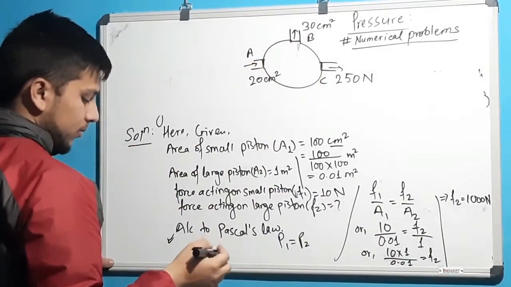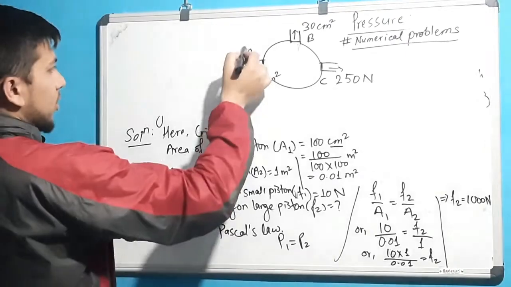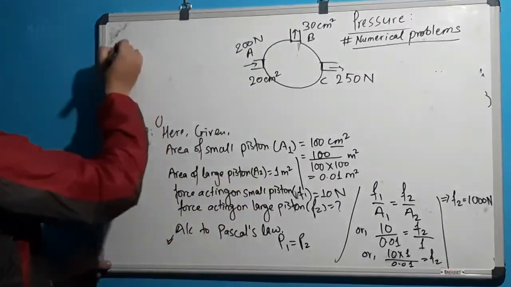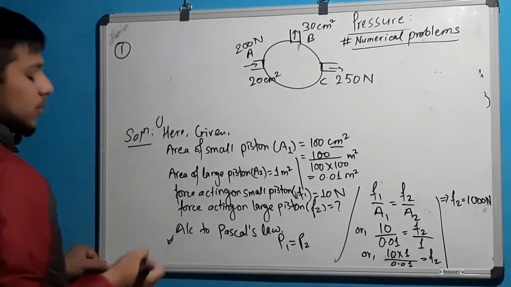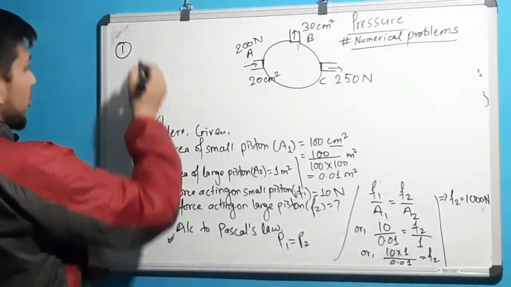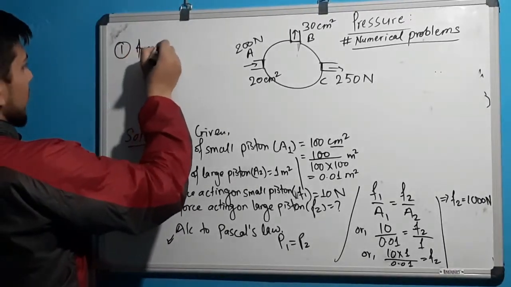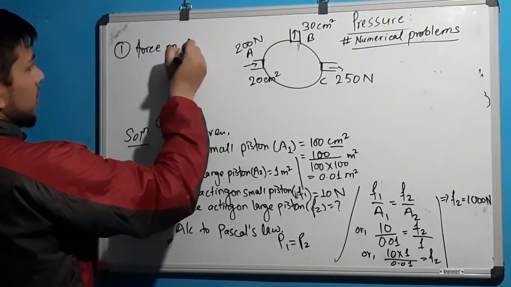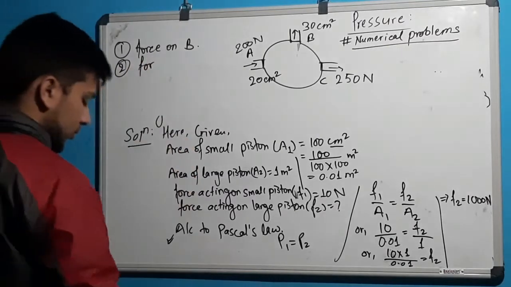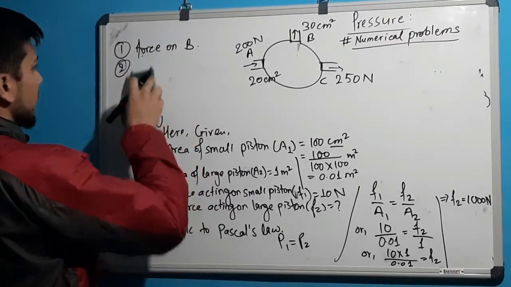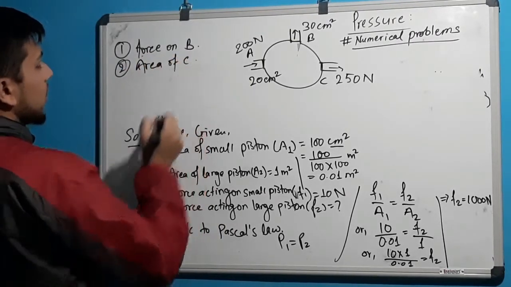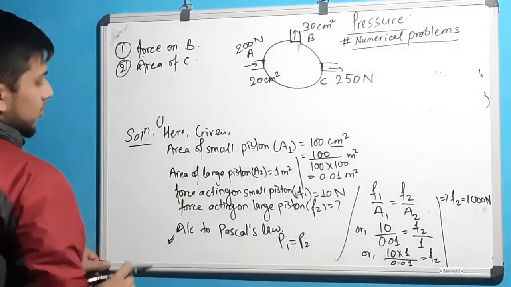And A has 200 Newton. First question, look at the picture and find the force on B. Second question, the area of C. These two quantities we don't know.